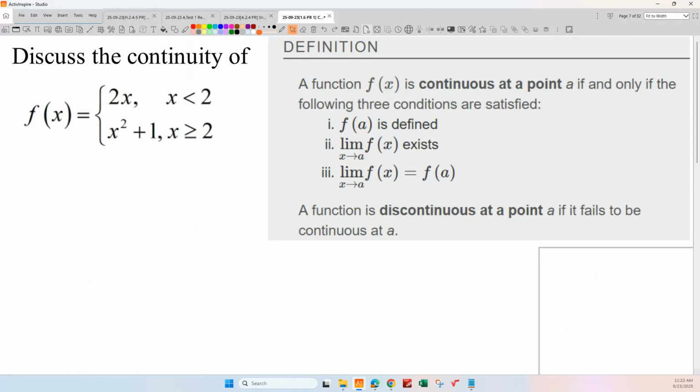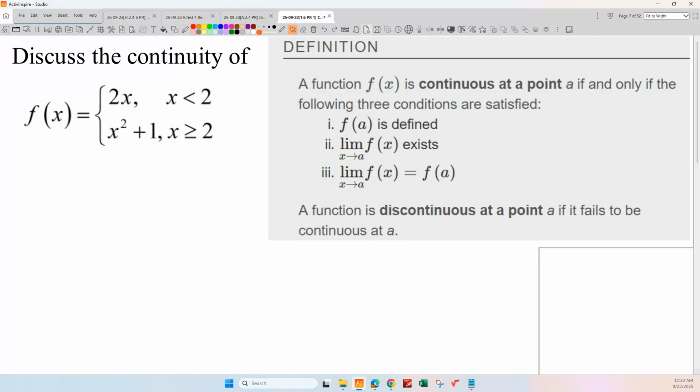So the bottom piece is a polynomial, right? The graphs of polynomials we're going to find are everywhere continuous. Polynomials are super well behaved. There's no vertical asymptotes. They're defined for all reals. So both of those on their own are fine. Where's the potential problem?